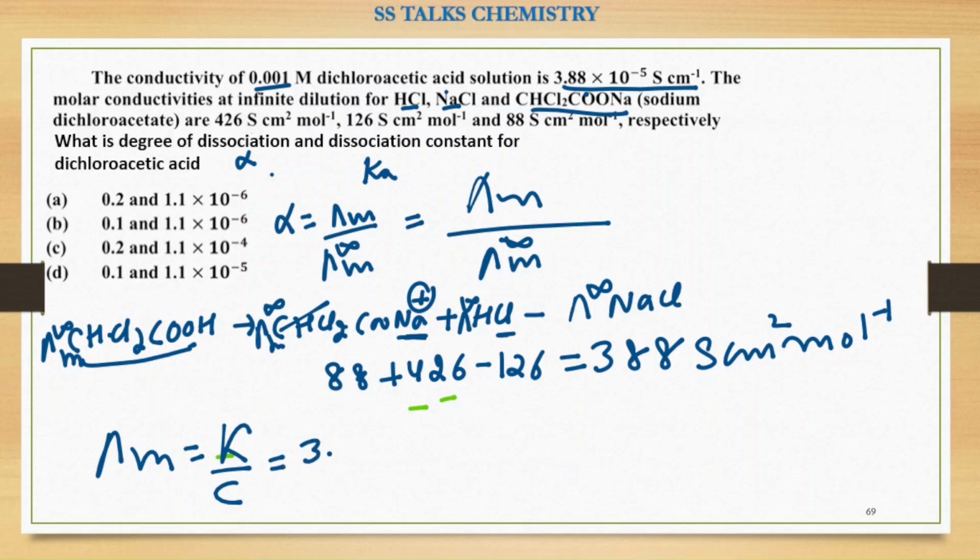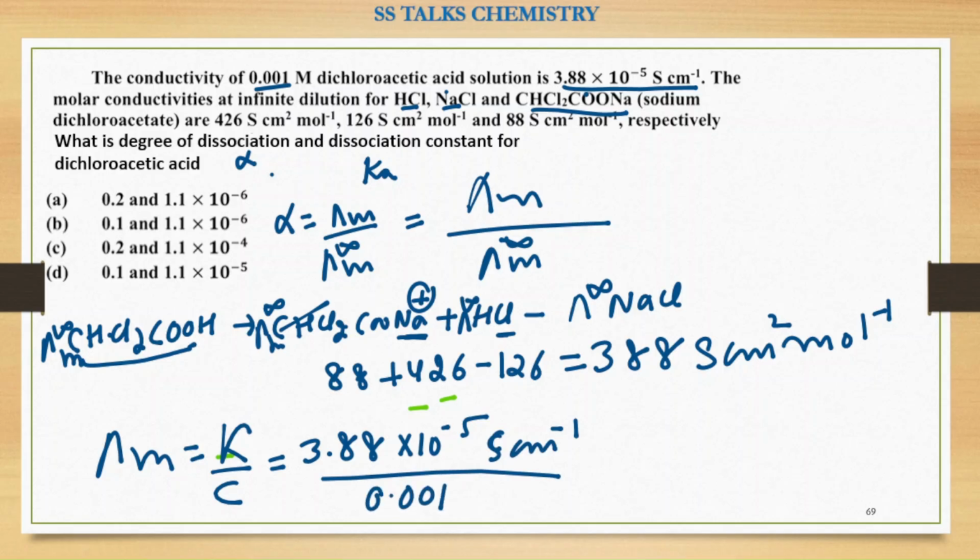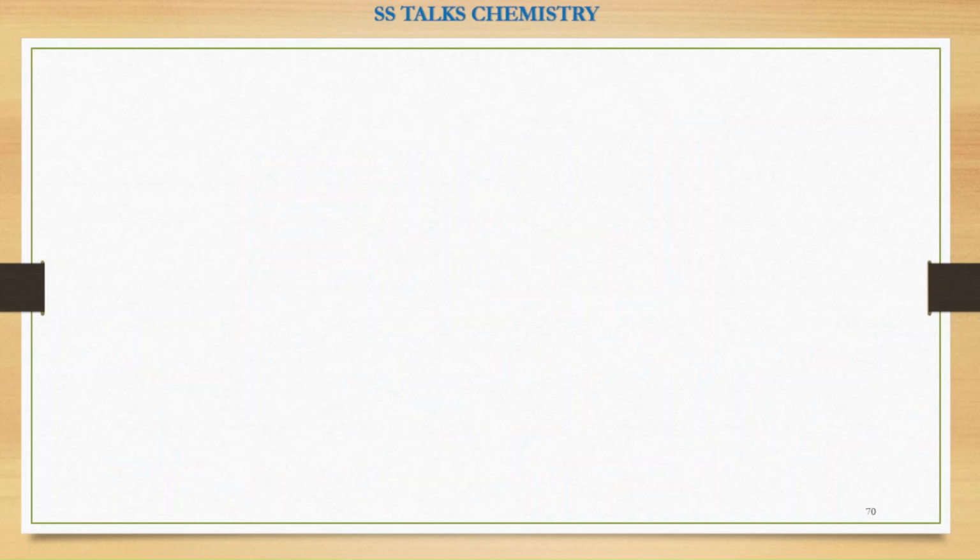This kappa value we have as 3.88 into 10 raised to the power of minus 5 Siemens per centimeter. The concentration value we have is 0.001 mole per liter. Convert this liter to centimeter cube. After that you will get the value as 38.8 Siemens centimeter square per mole. So this is going to be your lambda m.